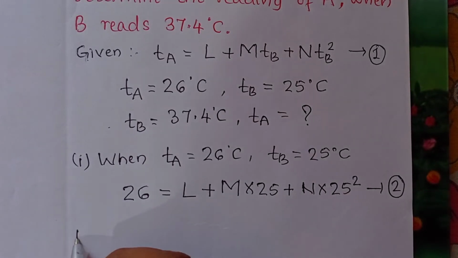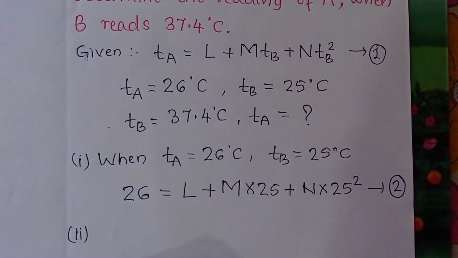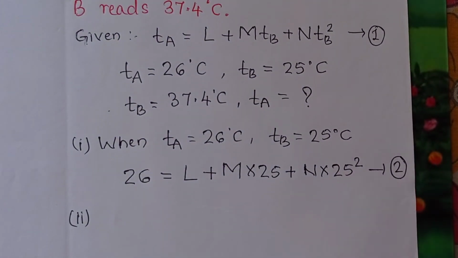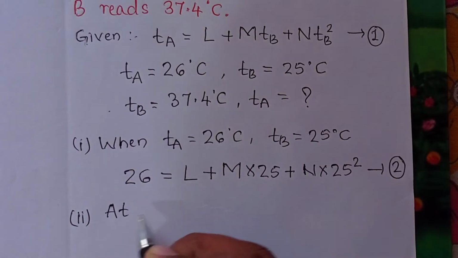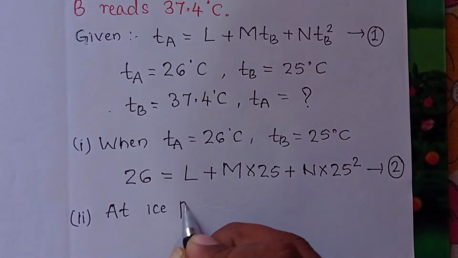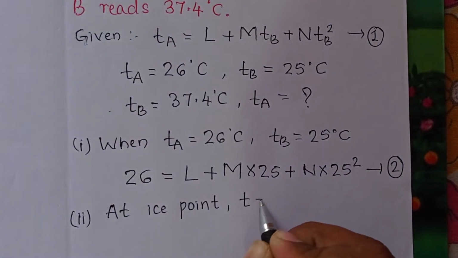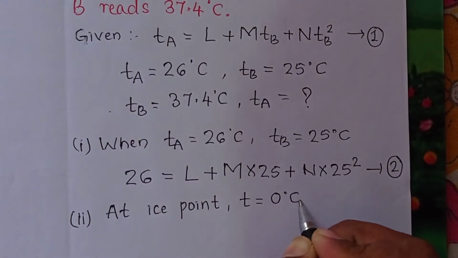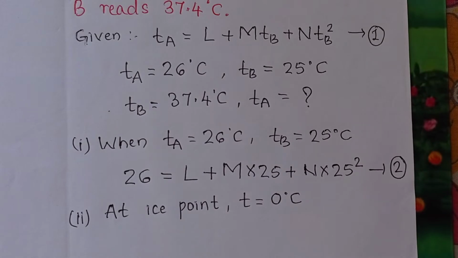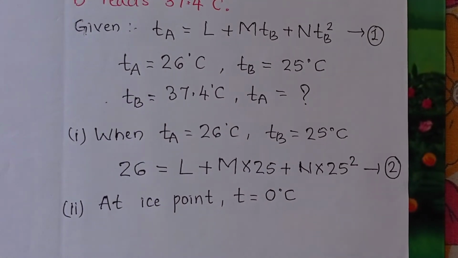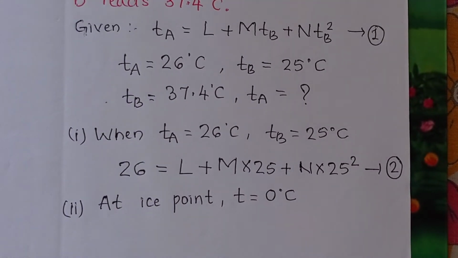The second condition I know from the problem is both agree at ice point and steam point. At ice point, T is equal to 0 degree centigrade. So when T is 0 at ice point, straight away I can substitute this value and solve.